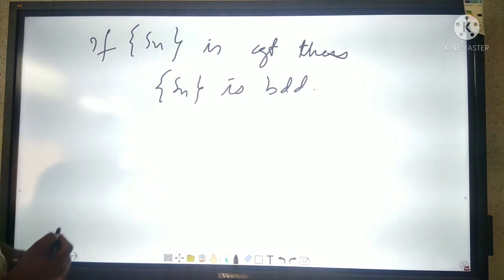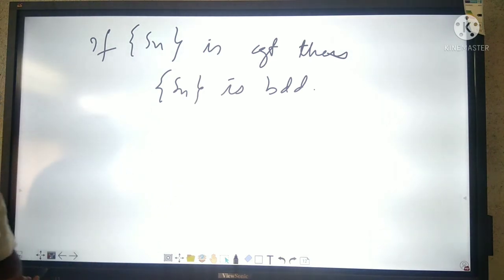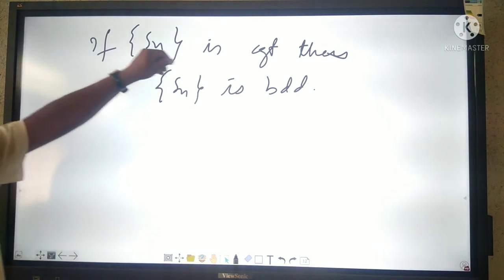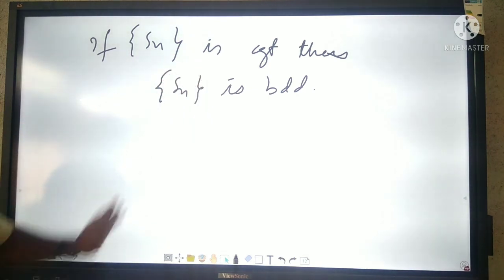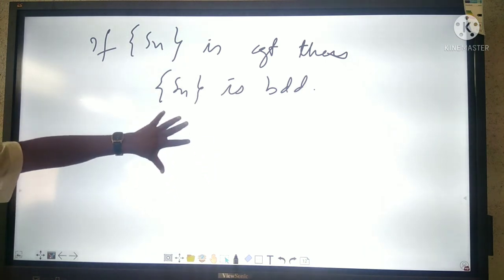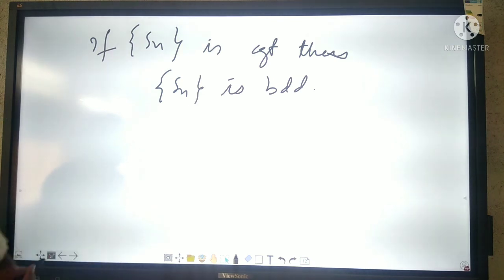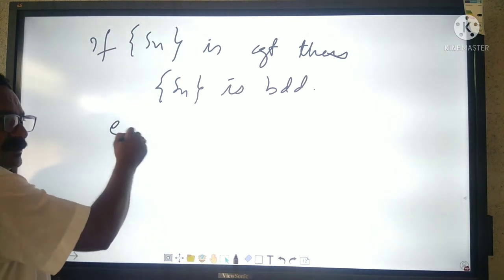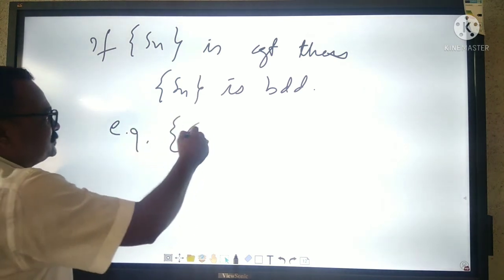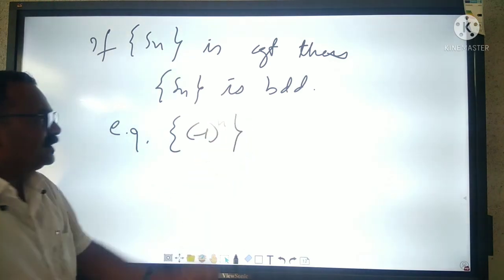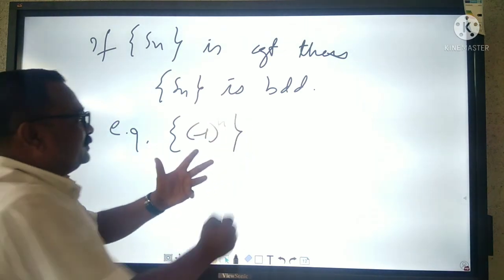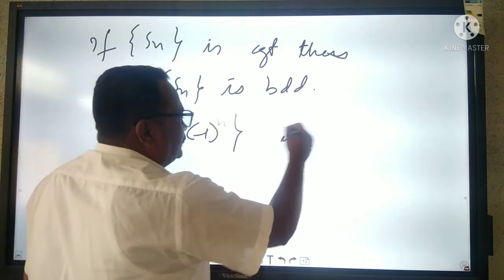The converse of this is not true. What does that mean? If the sequence Sn is convergent, then it is bounded. But if Sn is bounded, then the sequence Sn may or may not be convergent. The example for that is the sequence minus 1 raised to n. We have just seen that it is a bounded sequence.